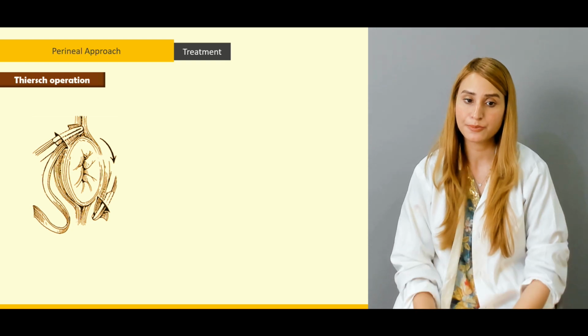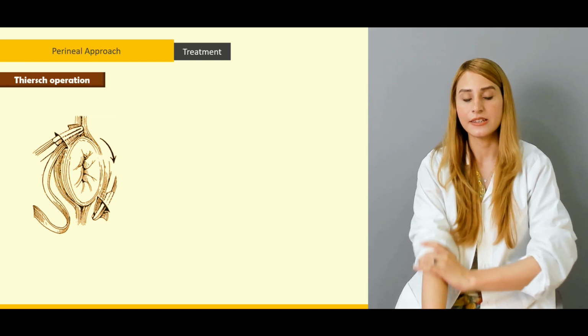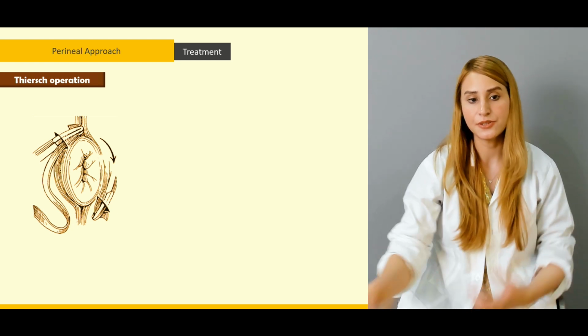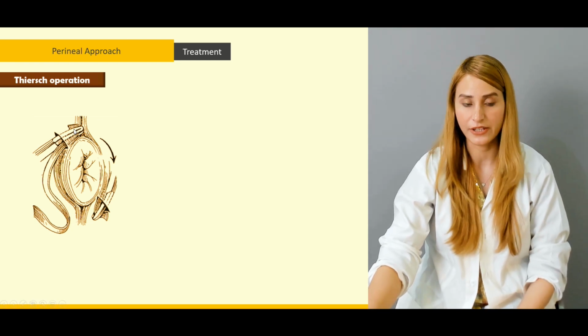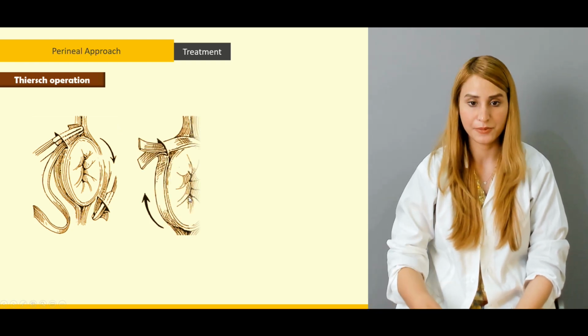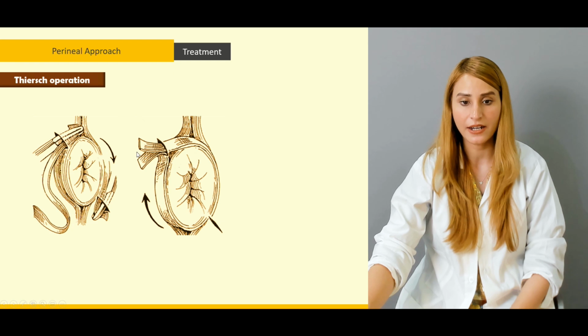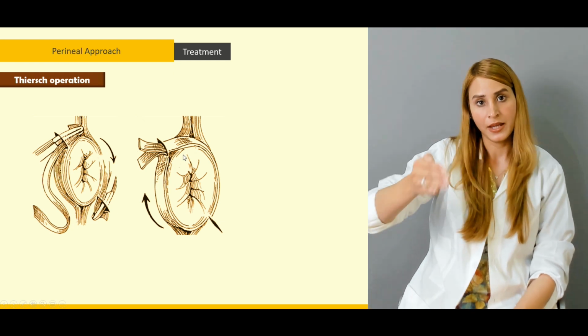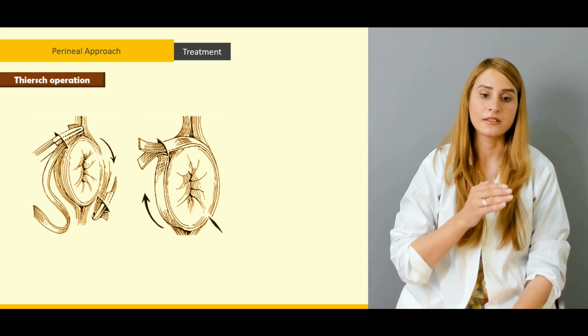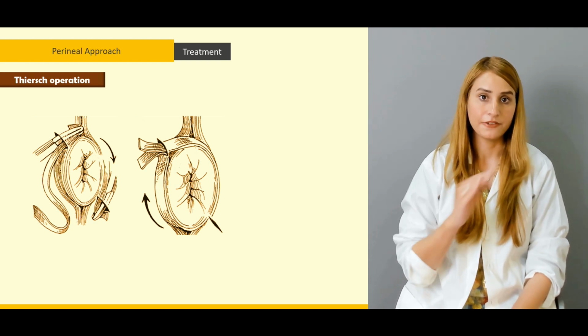One is Thiersch operation, in which you resect this mucosal layer, and then you push the rest of the mucosa inside. You can see here that only the mucosal layer is separated from the rest of the rectum.